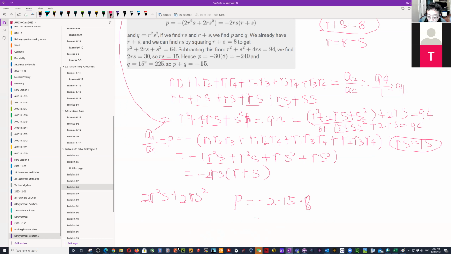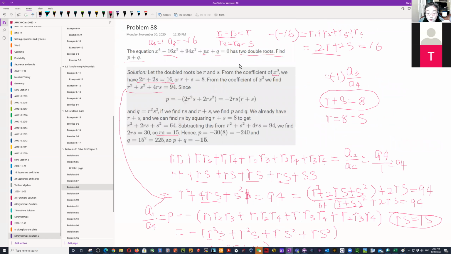So that's going to be negative 30 multiplied by 8, negative 240. So that's the way you find it.